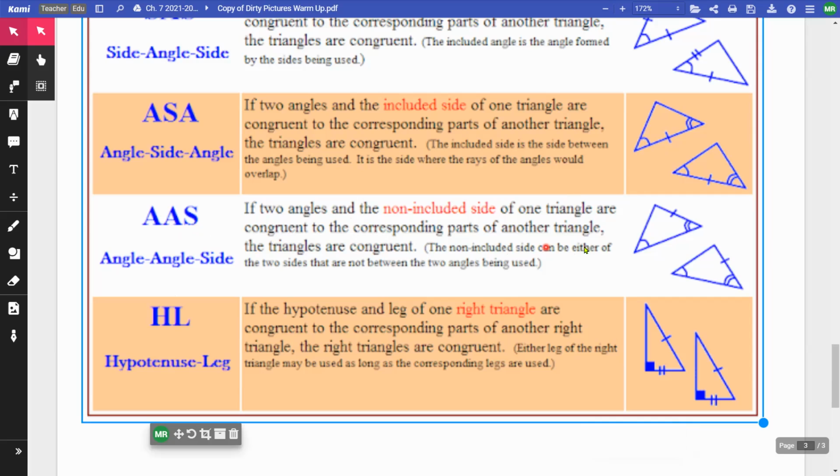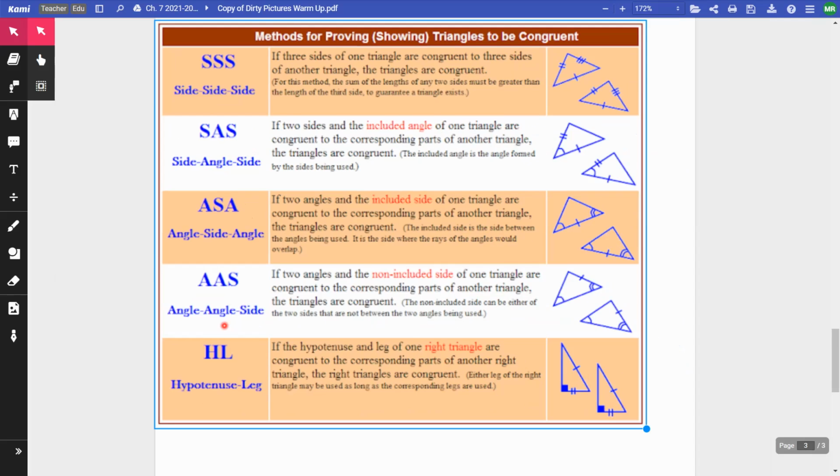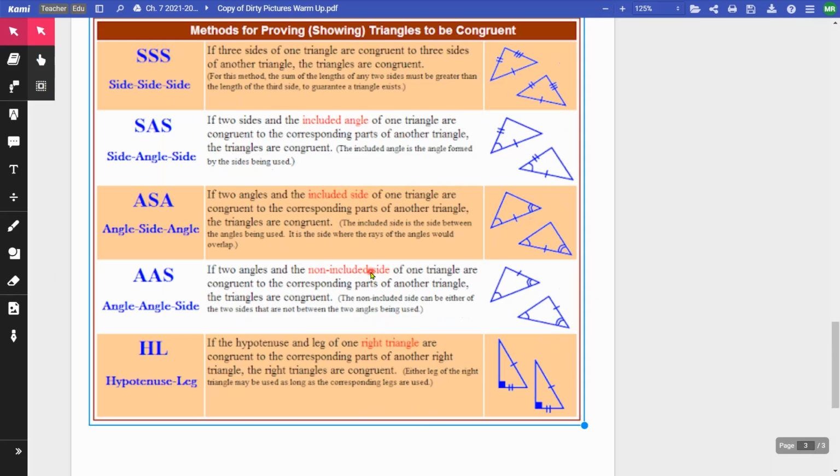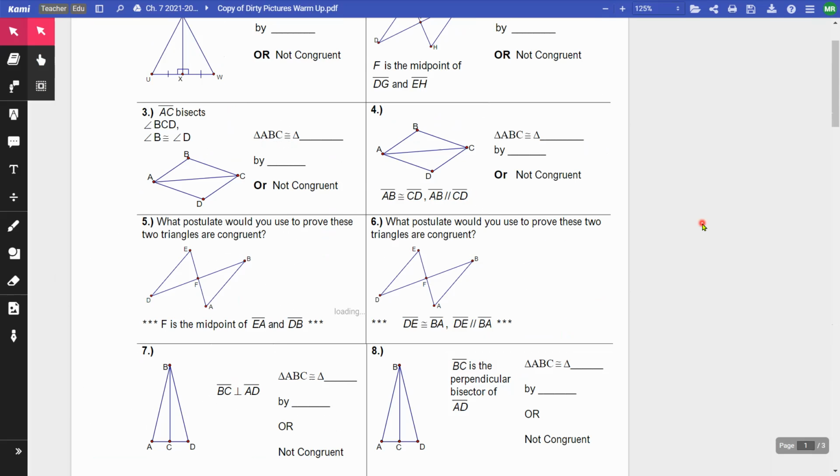Angle, angle, side, where we have two angles and a side that's not in between. And hypotenuse leg, where we have a right triangle and we have the hypotenuse and a leg. These 5 are our triangle congruency properties that we're going to be using. So let's get started on the assignment.